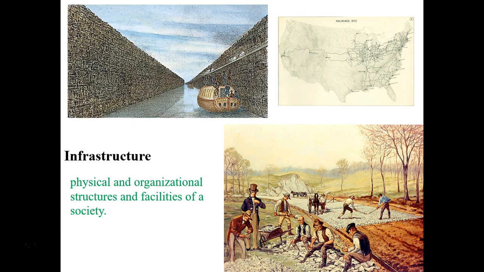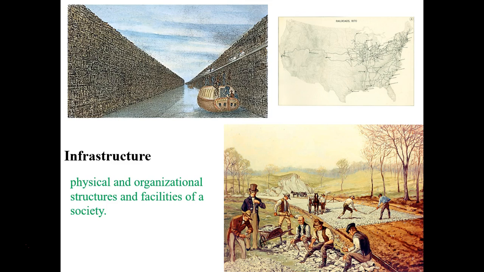Some examples of infrastructure: bridges, not trains, but railroad tracks, roads, electrical lines, anything like that that is a part of the physical structure of a society, that is our infrastructure.